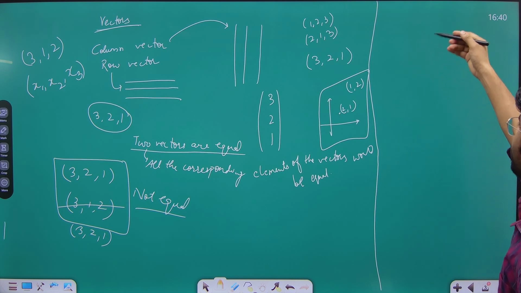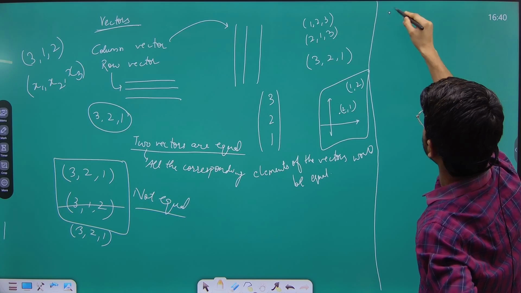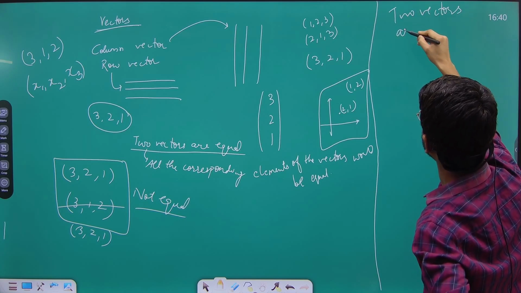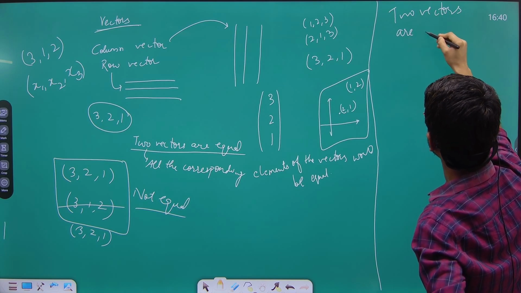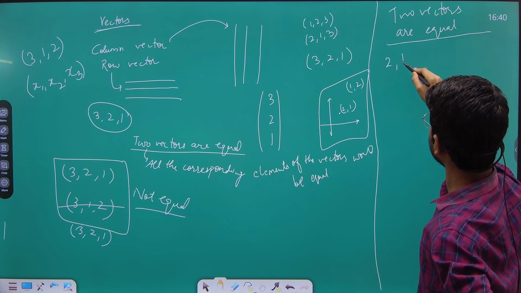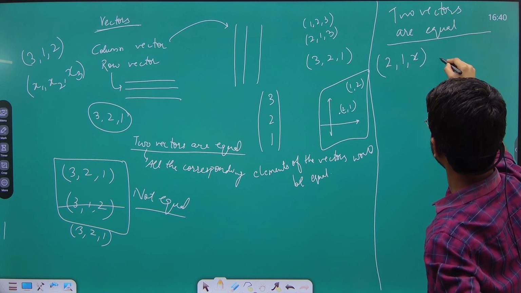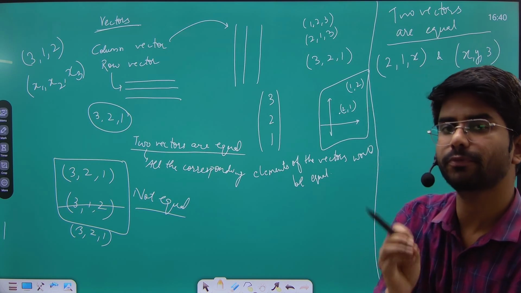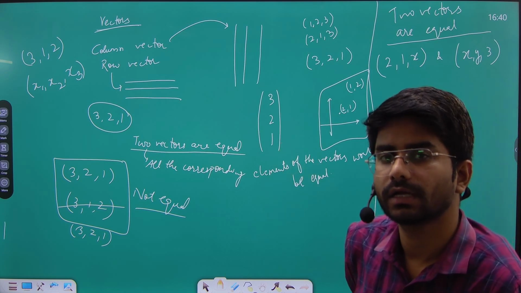So suppose these are the values that you can find by the equality. Then you might be given two vectors as equal, represented as (2, 1, x) and (x, y, 3). You are asked to prove that these two vectors are equal.